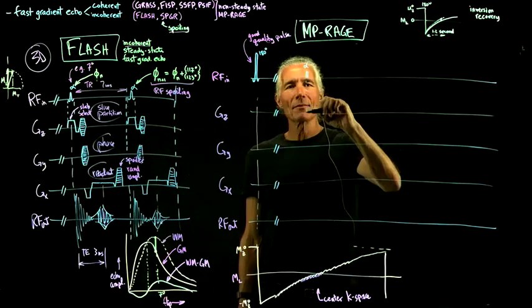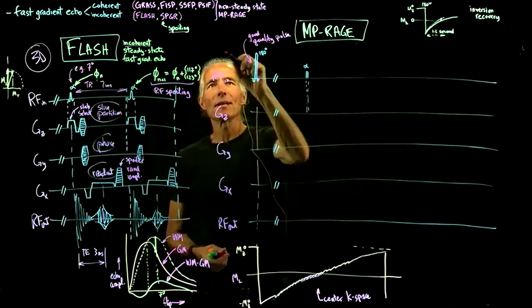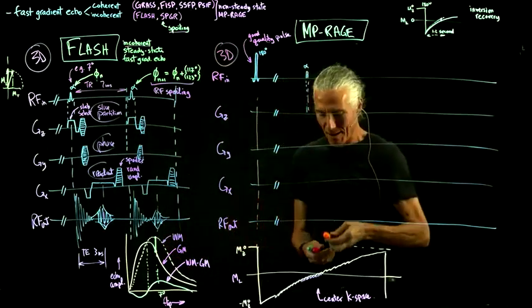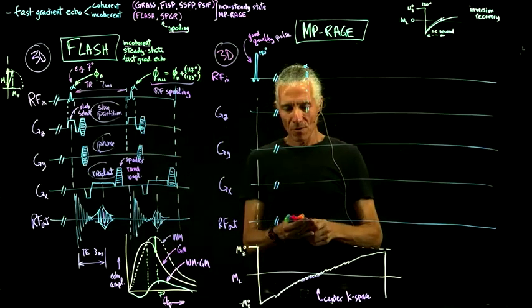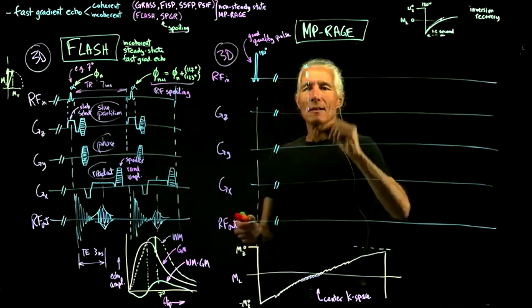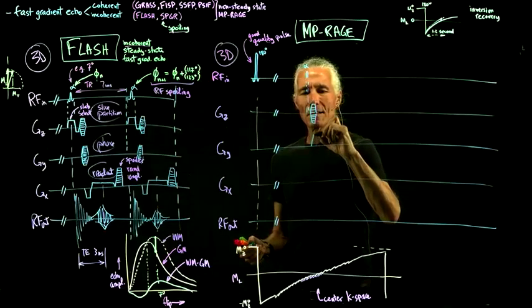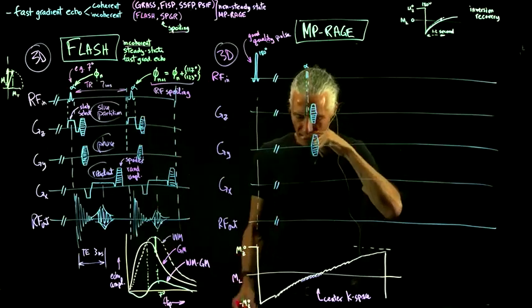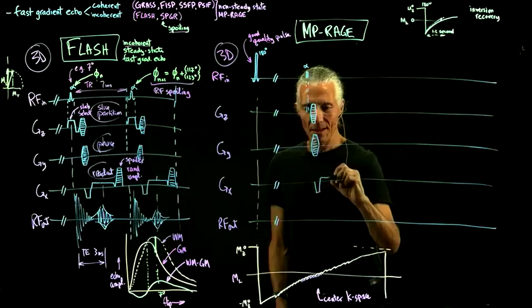And so, we're doing a 3D sequence, so don't even bother doing a slice select or a slab select, and then do our phase encode in the partition direction, and phase encode in the slice direction, and then do our readout like that.